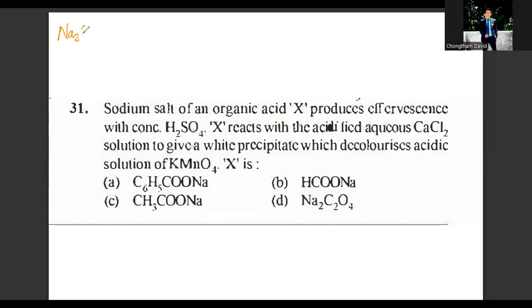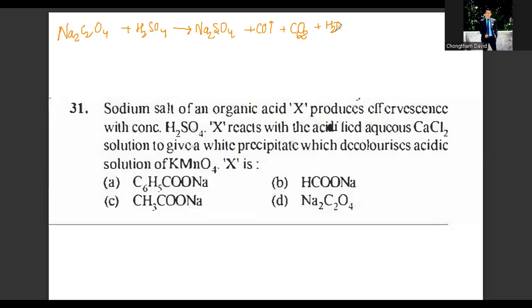Sodium oxalate, when treated with concentrated sulfuric acid, will produce sodium sulfate, carbon monoxide, and some carbon dioxide gas as well. Since you're heating, rapid effervescence means carbon dioxide gas will be released.